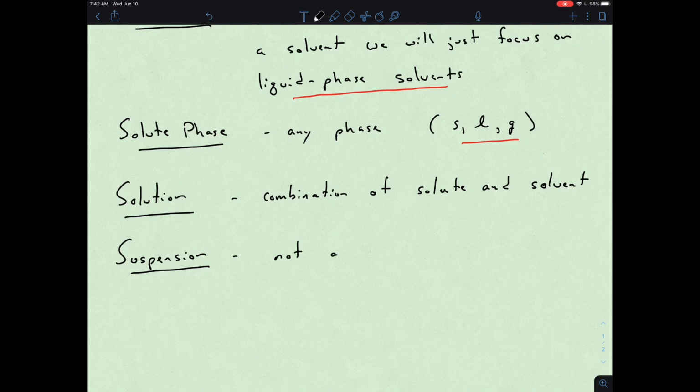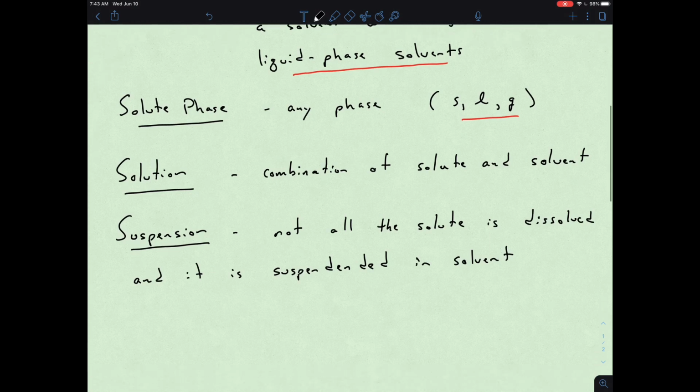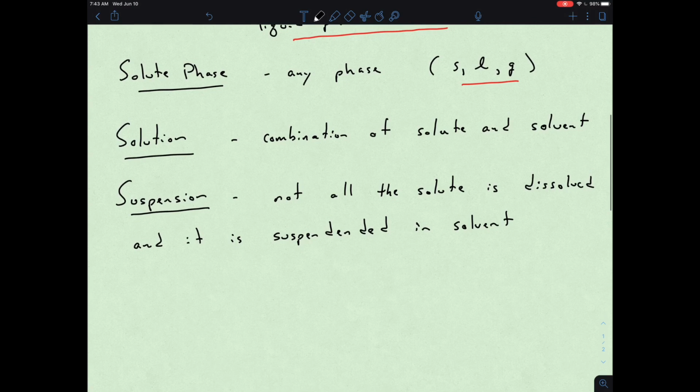Suspensions are where not all the solute is dissolved, and it is suspended in the solvent. So this is termed a heterogeneous mixture, but it's just kind of this suspension because of the nature of what it looks like.